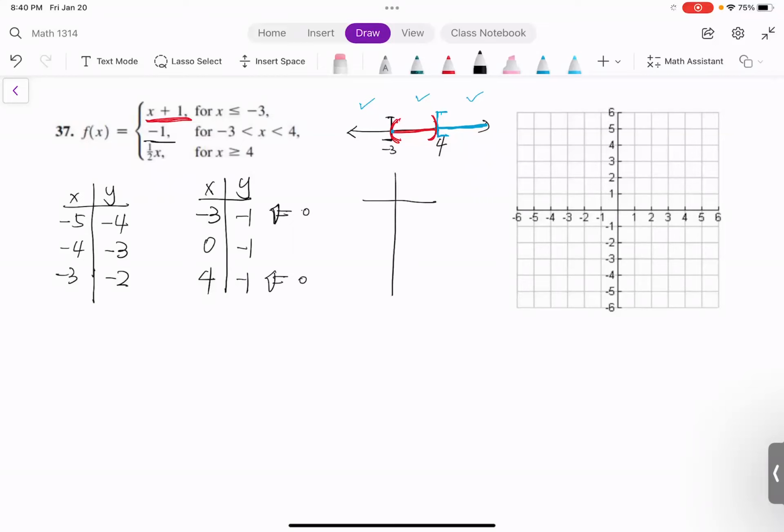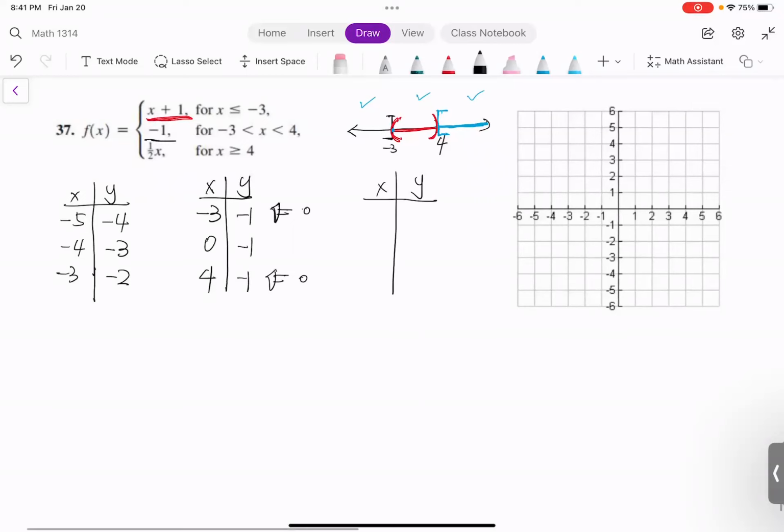So the last interval, x and y. I can choose some points in the third interval. Let's start from 4, because 4 is the endpoint. I must have it. And I can choose 5, but I prefer to choose 6. Why? Because I'm looking at my expression, this is 1/2 times x.